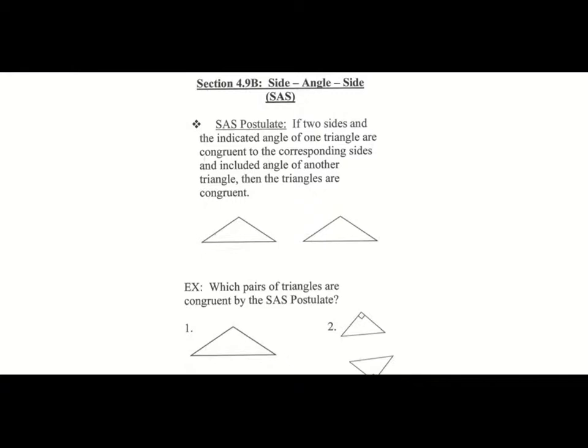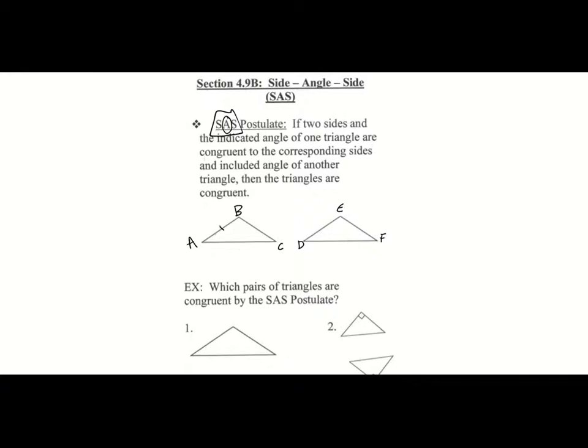So the important part in side angle side, if you look, it's called side angle side. That angle is in the middle, in between both sides. So when we are looking at our two triangles, we have triangle ABC over here and DEF.